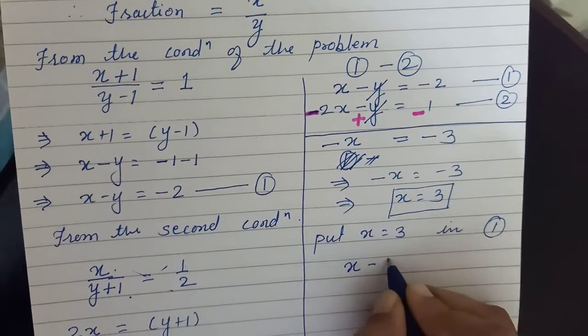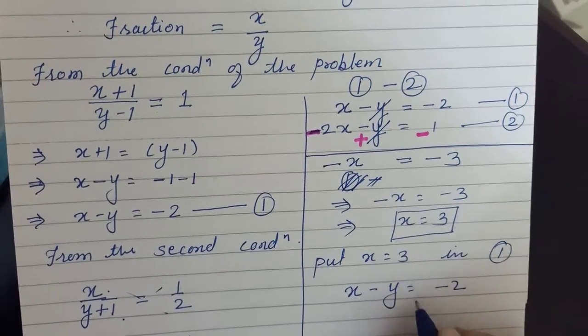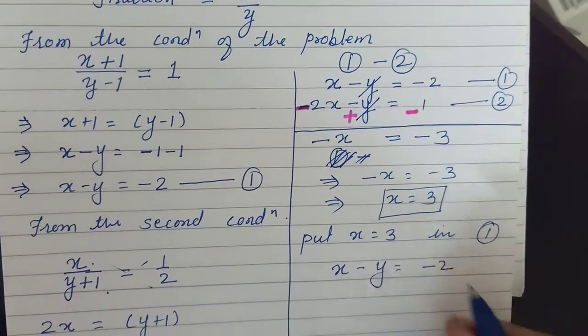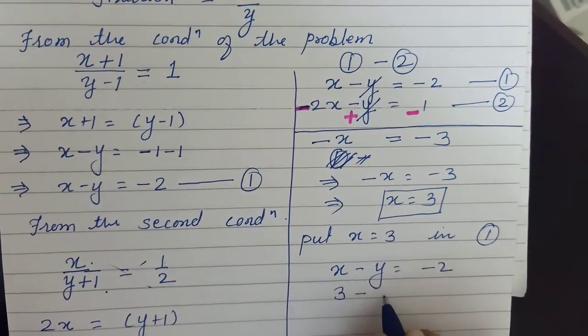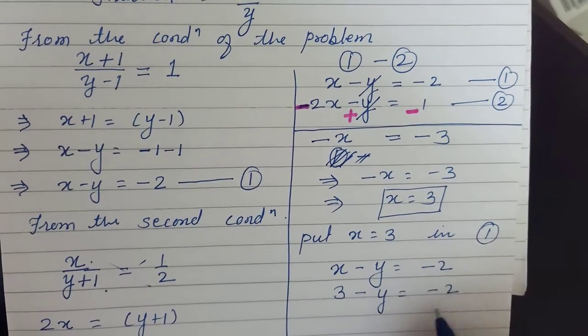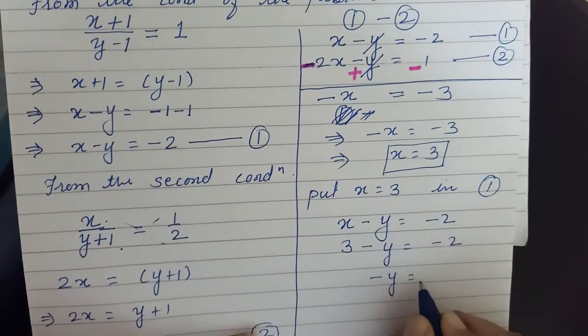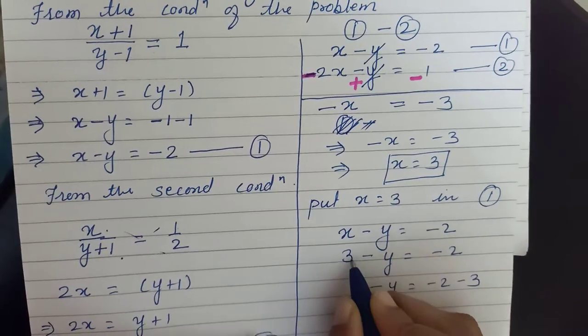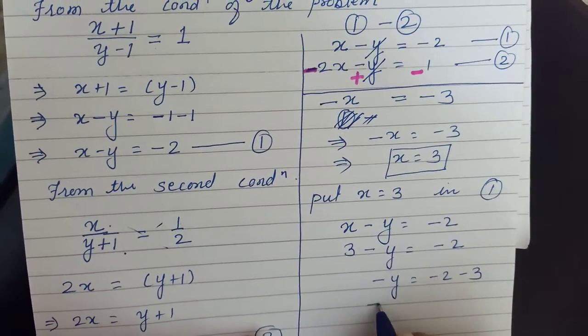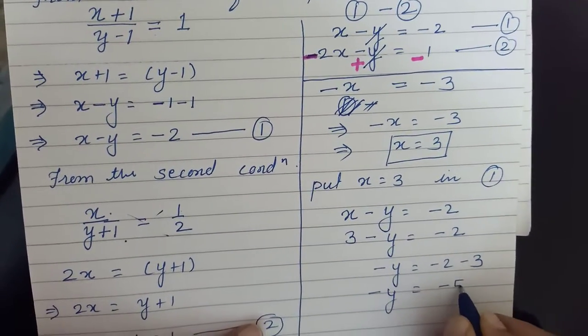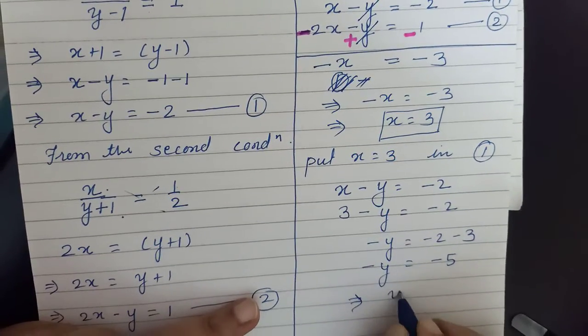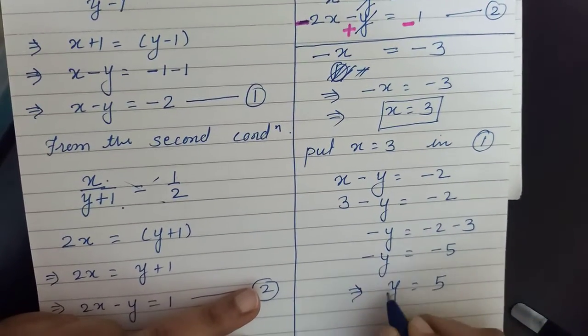So x minus y is equals to minus 2. This is our first equation. We put x is equals to 3: so 3 minus y is equals to minus 2. This becomes minus y is equals to minus 2 minus 3, because this 3 will go here. This becomes minus y is equals to minus 5, and this implies y is equals to 5.